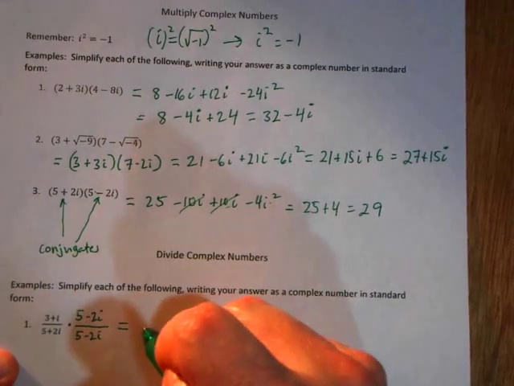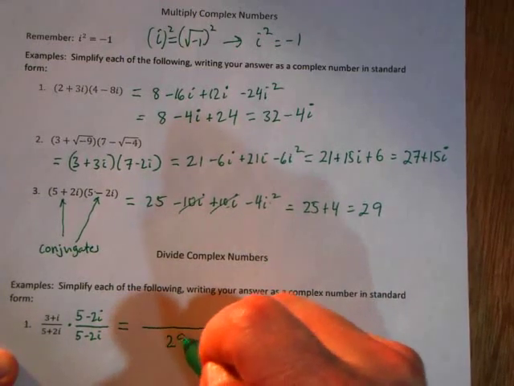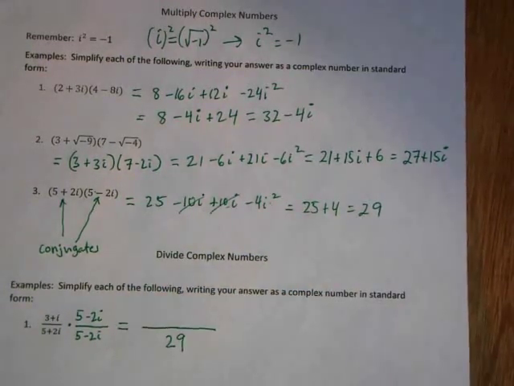And the reason we do that is, using what we did in number 3, it gets rid of the imaginary parts down on bottom. And if you go back and look, this is really the same process we used for rationalizing fractions, which makes sense because this i is really a square root. And when we had 5 plus square root of something, we multiplied by the conjugate.